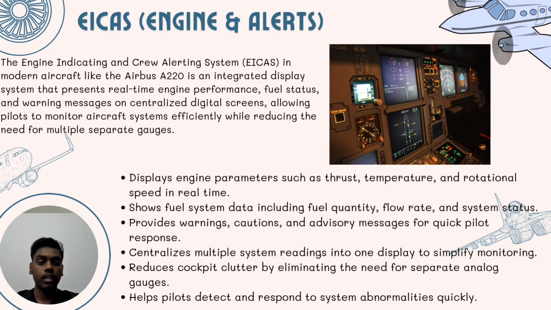This system allows pilots to monitor engine performance, including thrust, temperature, and rotational speed, all in one place. In addition, ECAS also displays fuel system data such as fuel quantity, flow rate, and overall system condition.